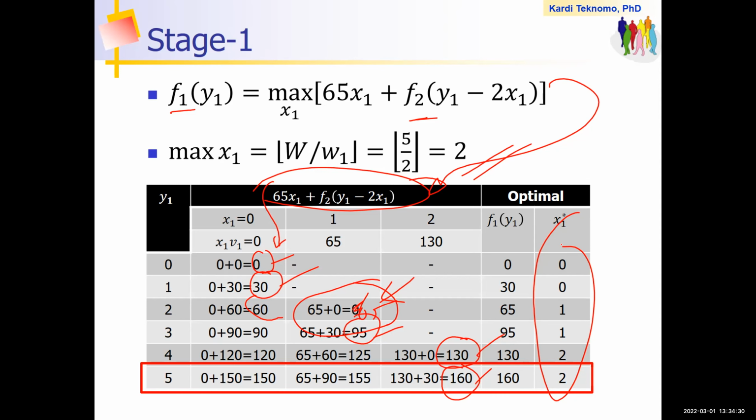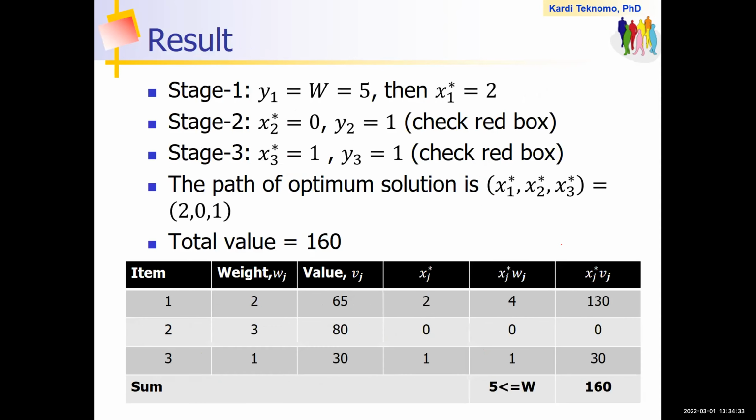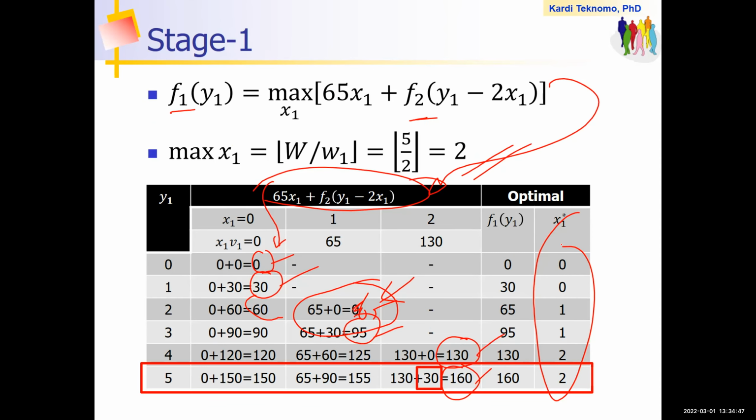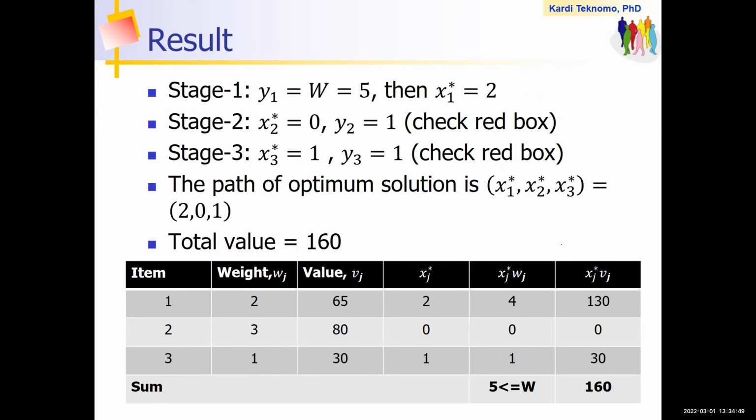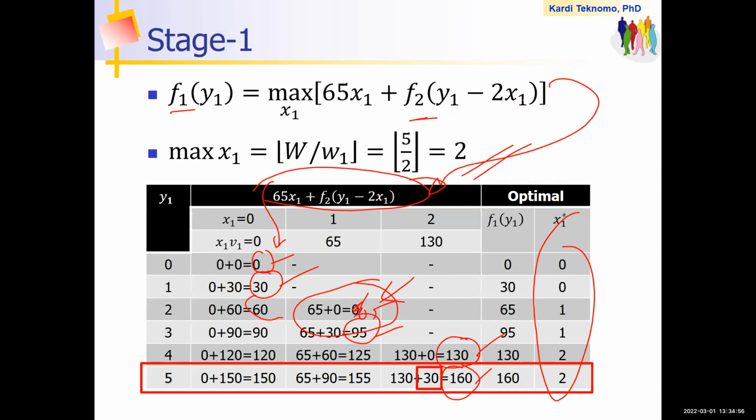So then we go back. In stage 1, we already know that Y1 is equal to W, which is 5. So Y1 is equal to W, which is 5. Then X1 becomes 2, so that here, the one that I put the red box.